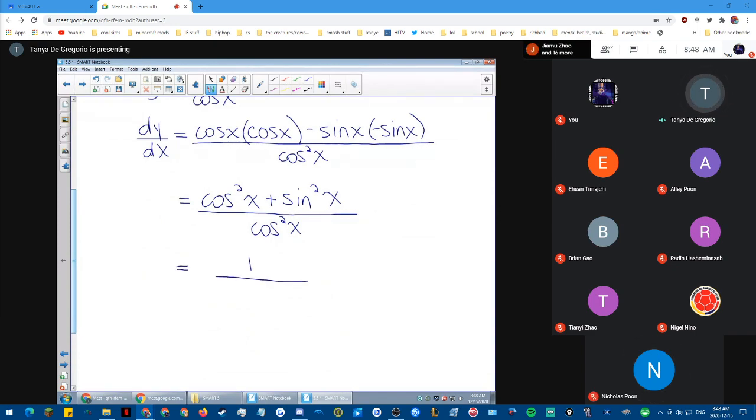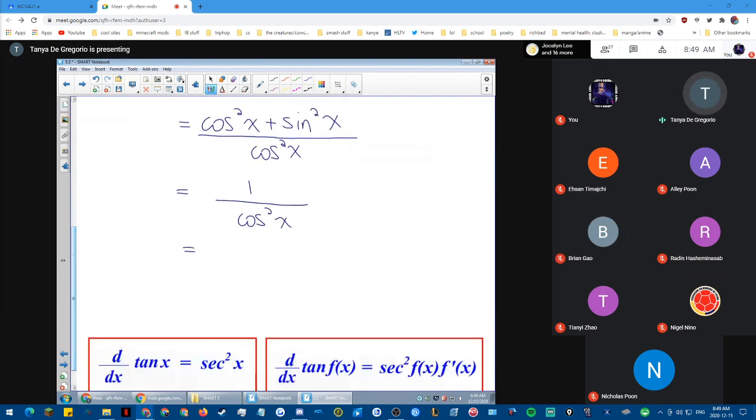That's our Pythagorean identity. 1 over cos squared x. But what's 1 over cos of x? Secant. So 1 over cos squared x will be secant squared x. And that's the derivative of tan.